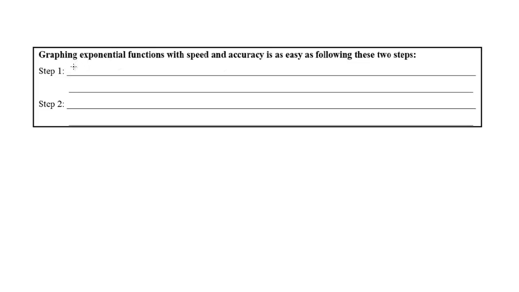So let's go ahead and write that out. Take the initial value from the equation and plot this as our y-intercept.